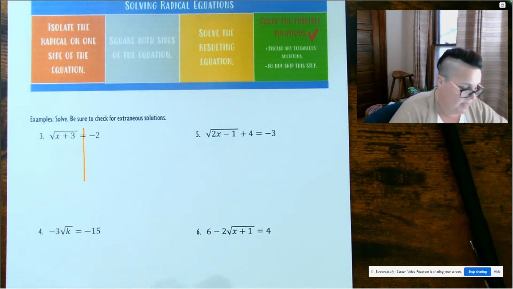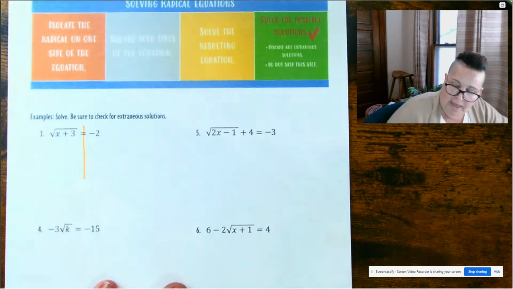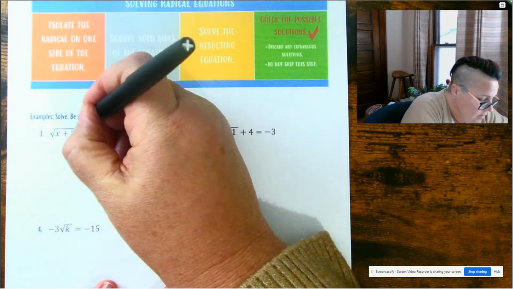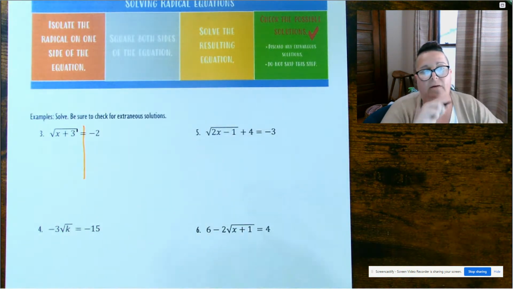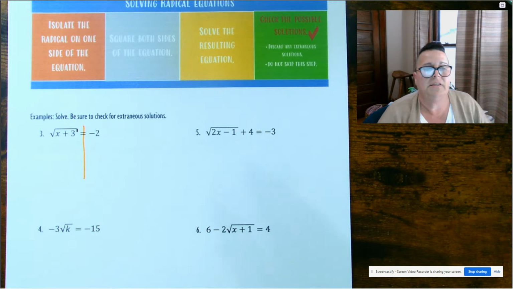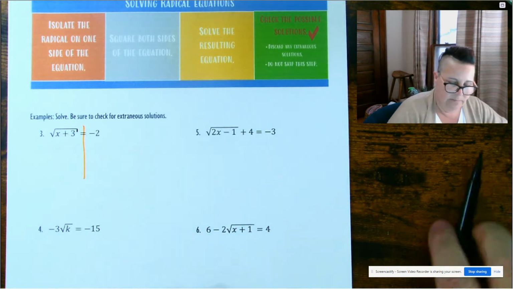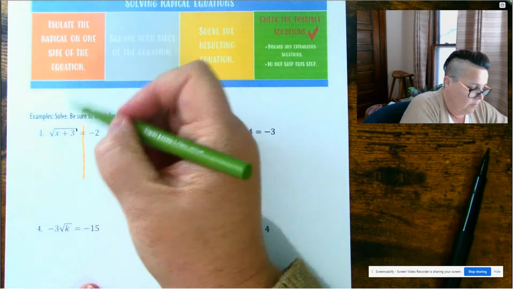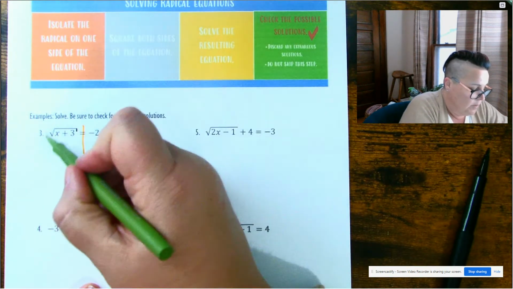But as you look, this is the square root of x plus 3, and I would have put my tail right there to include everything. So everything on that side is underneath the square root. I have isolated that square root, so now I'm going to square both sides.